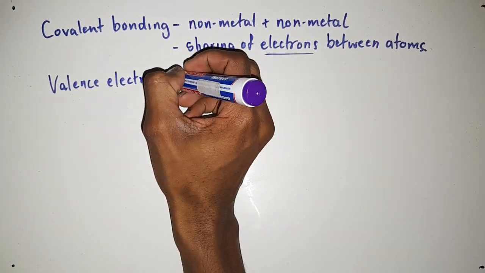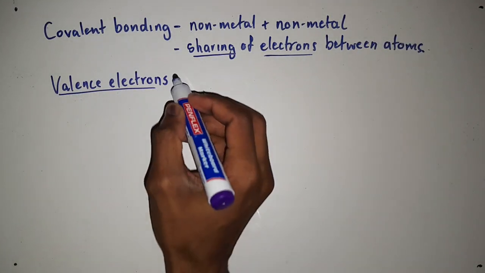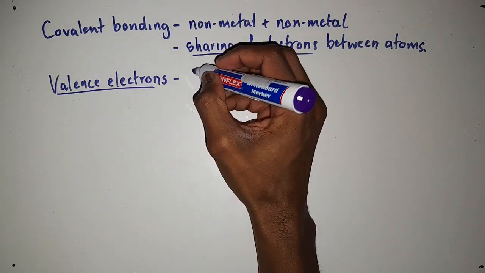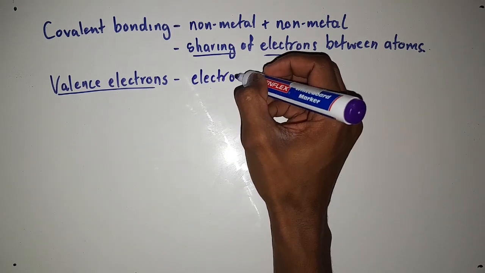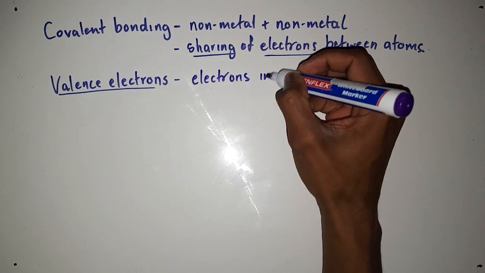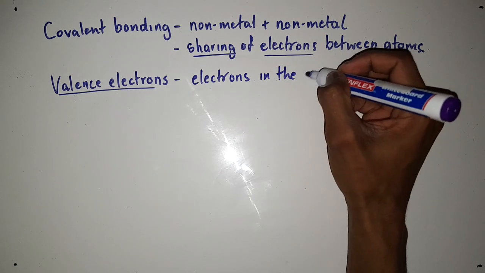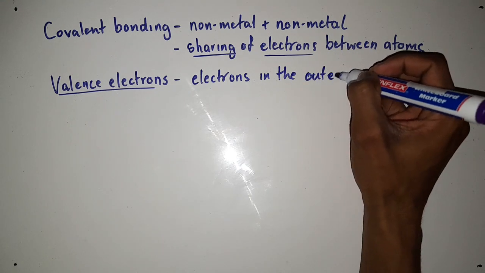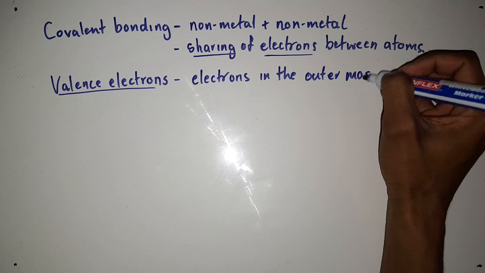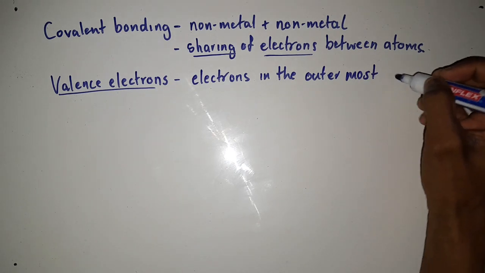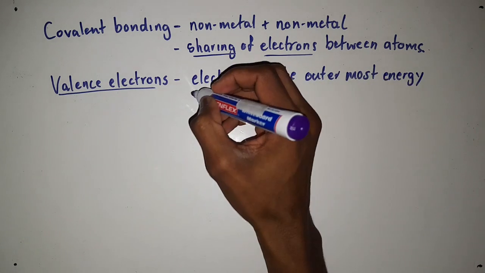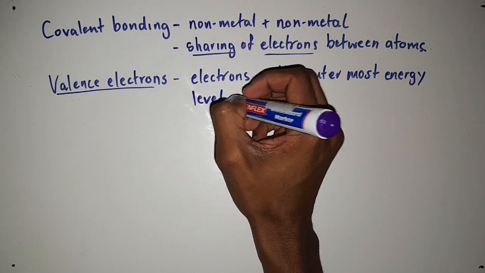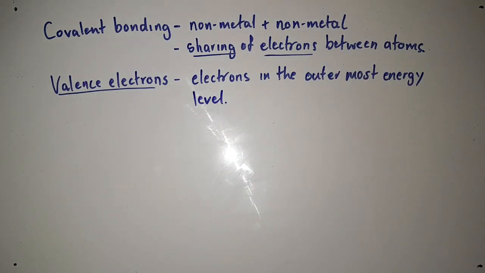We say the valence electrons are electrons in the outermost energy level. Do you understand?